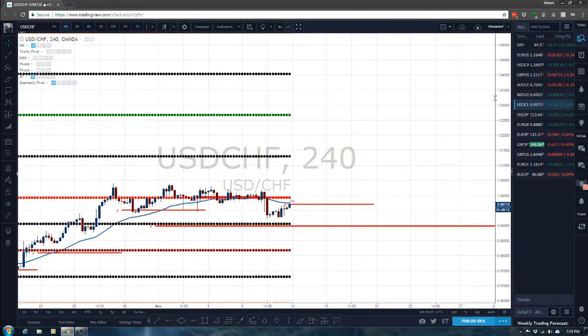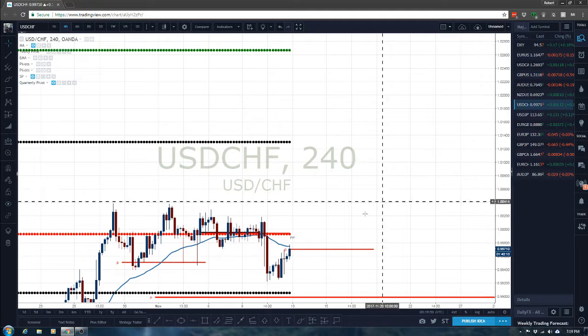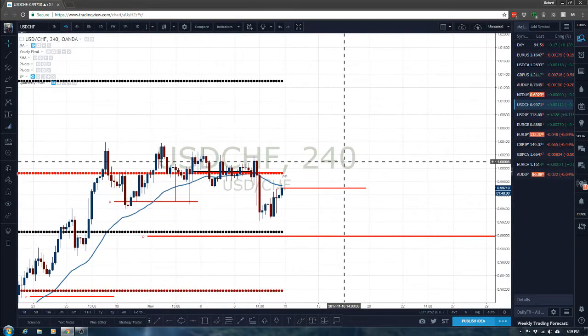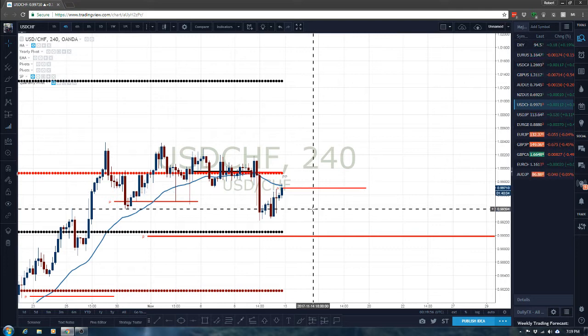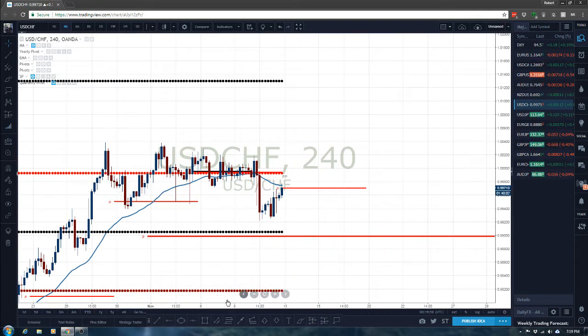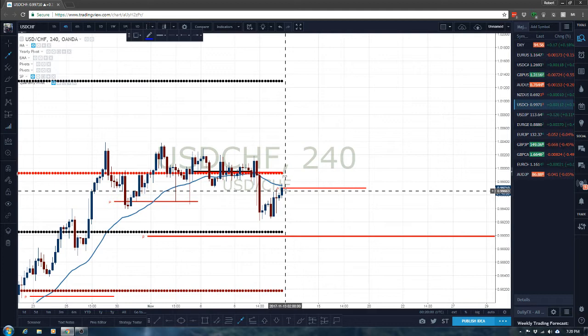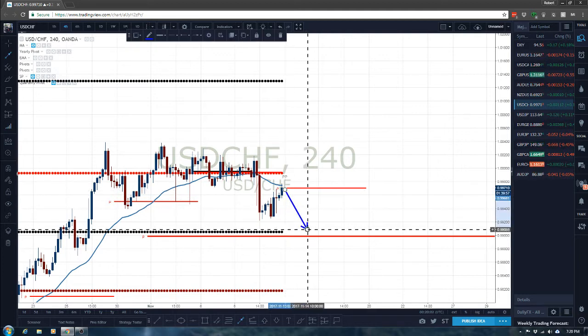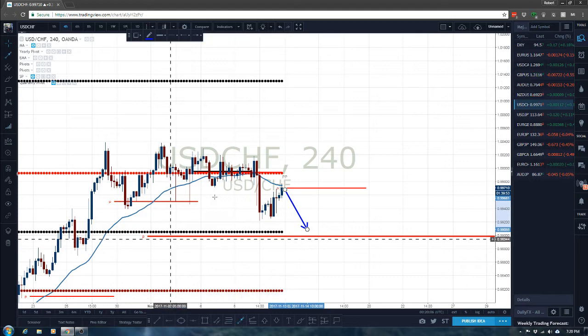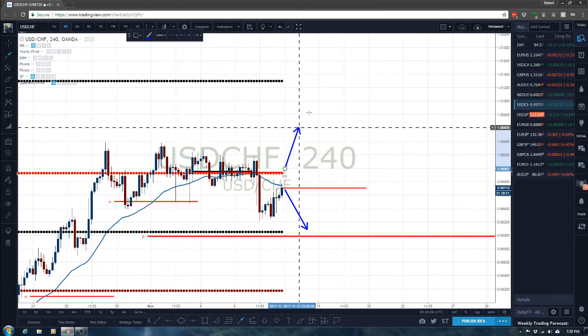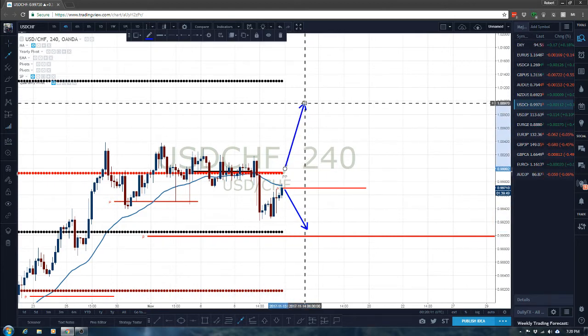Dollar Swiss. Currently price is retraced back to the weekly pivot. I'll be looking for this area to hold currently for price to head lower. If price does get above this, I'm going to be looking for price to get above the yearly pivot, where the price has plenty of room to move higher.